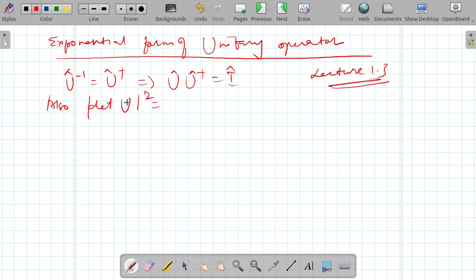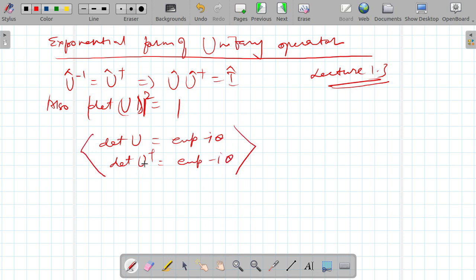The determinant of U squared is equal to 1, and this suggests that the determinant of U is equal to exponential of iθ, and the determinant of U dagger can be written as exponential of minus iθ.